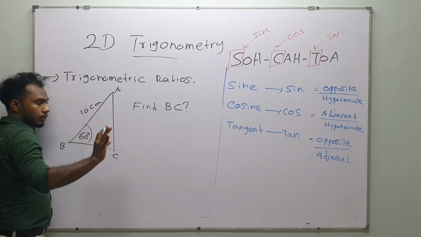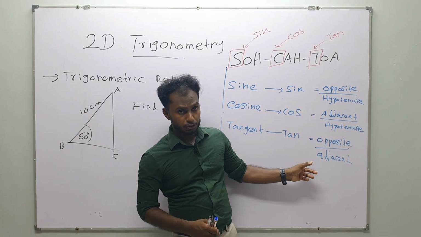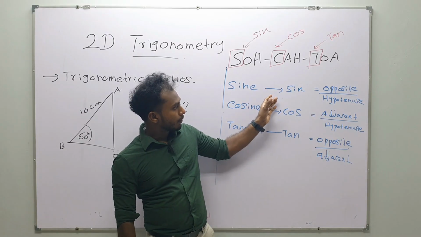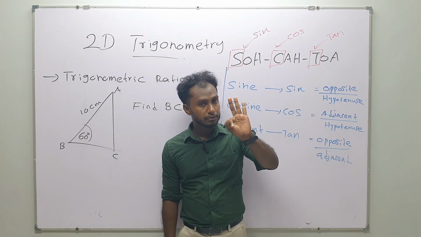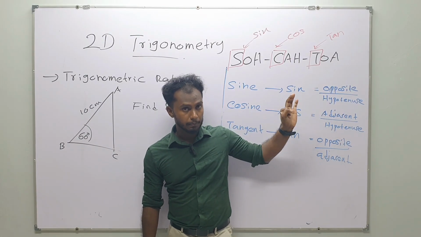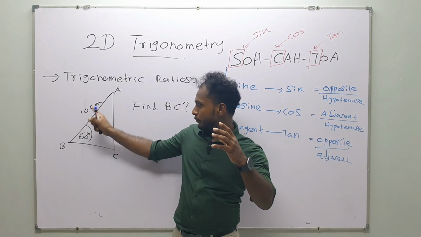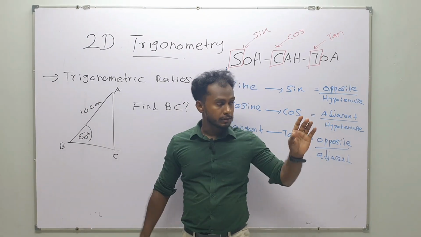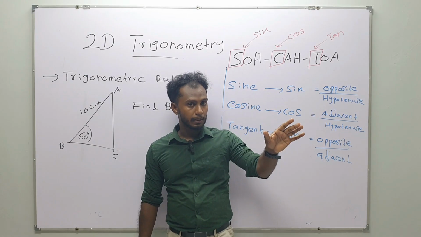Right? Now pay attention. So here we have these ratios, right? The sine ratio means opposite over hypotenuse. We have three things: one is the angle and two sides. That means we have to decide what ratio to use to find this BC length. Since there are three things, if we know two of them, we can find the remaining one.